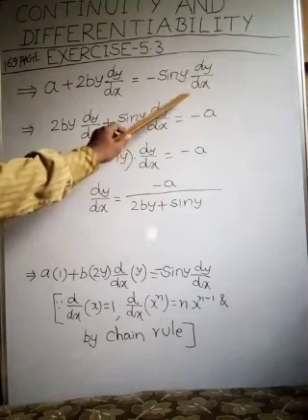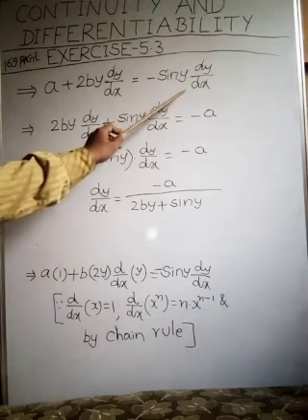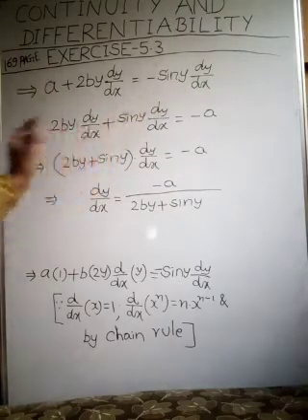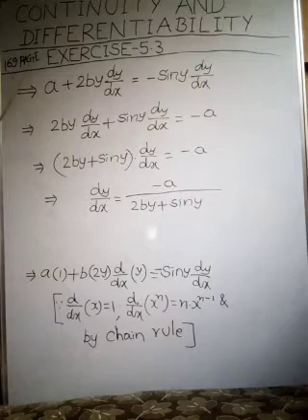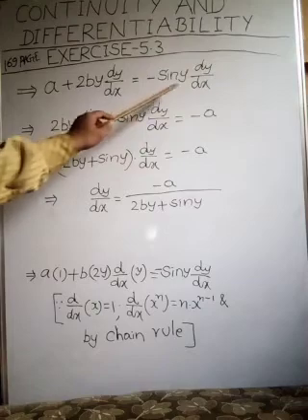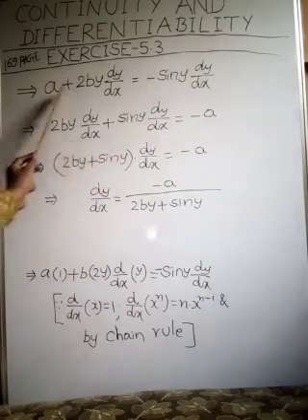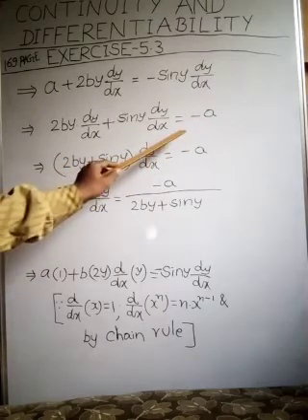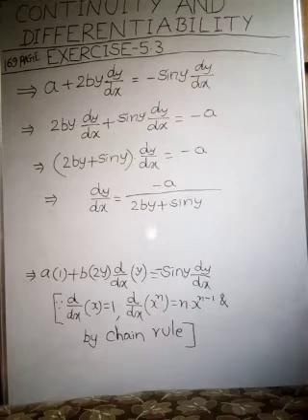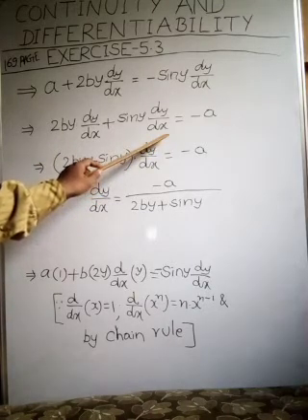So I am bringing this term to LHS, and I am sending this term to RHS, because there is no dy by dx in it. So 2by dy by dx, it becomes plus sin y dy by dx is equal to minus a. Understood this step, my dear children? We just rearranged the terms in the equation, then we get this step.